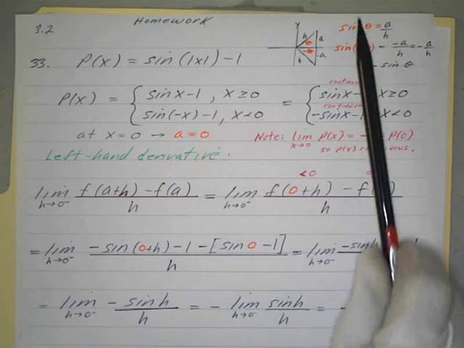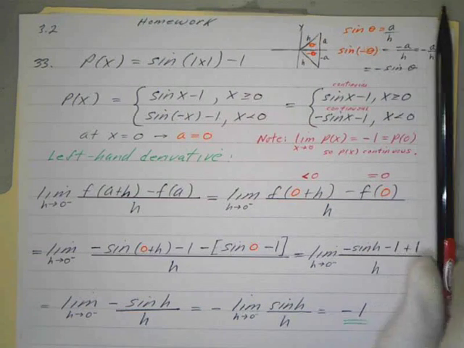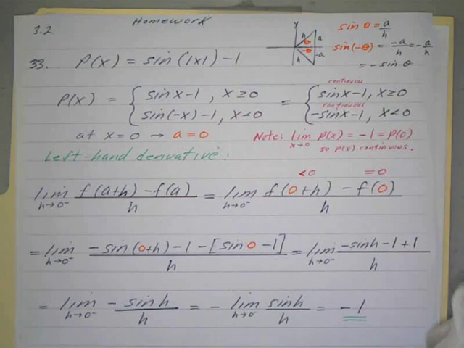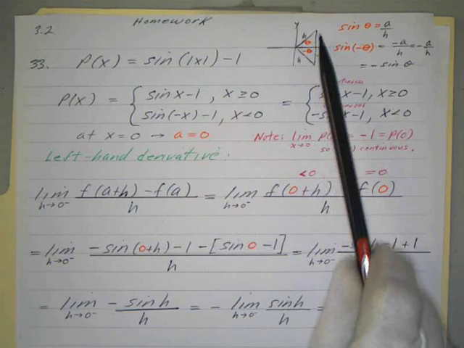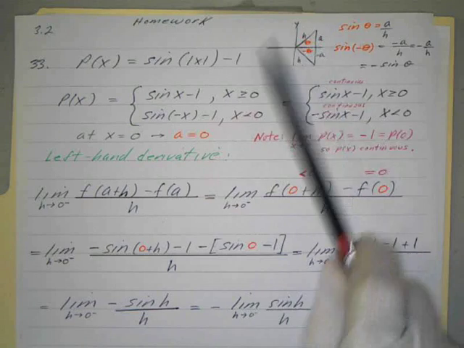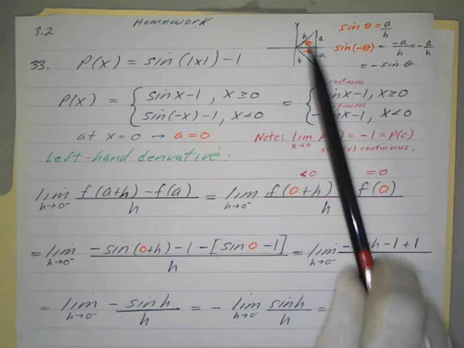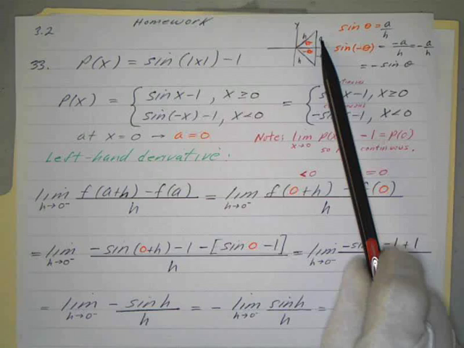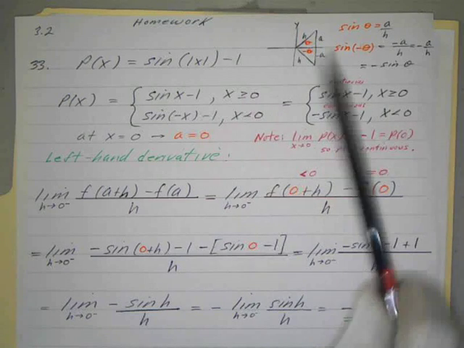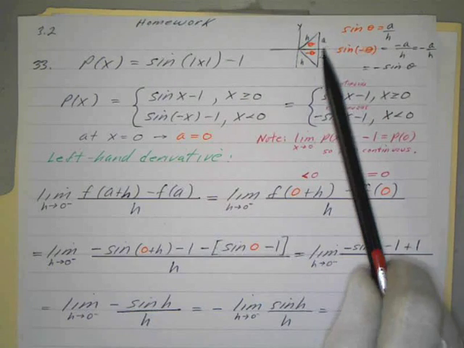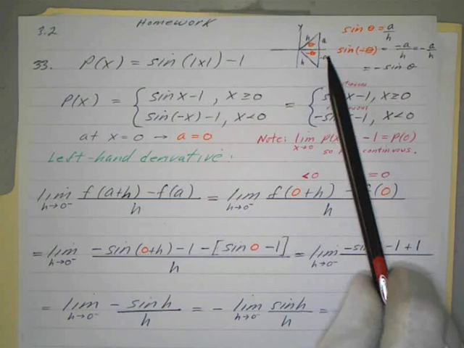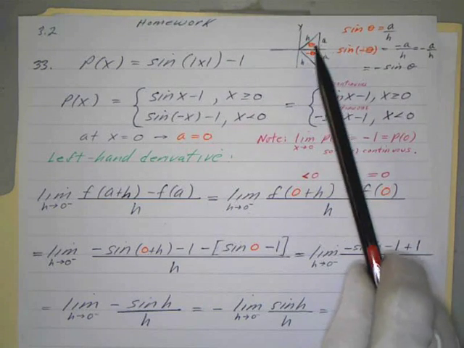Now remember our trigonometry. We know the sine of negative theta is equal to negative the sine of theta. I can review this for you. If we look at our unit circle and our triangles, we know the sine of theta is equal to the opposite side over the hypotenuse, a over h. And negative theta would be down here in the fourth quadrant, and that would be negative a over h, because we're just going down.